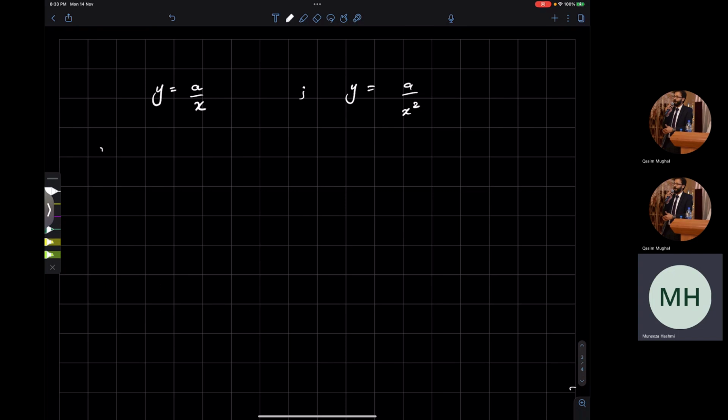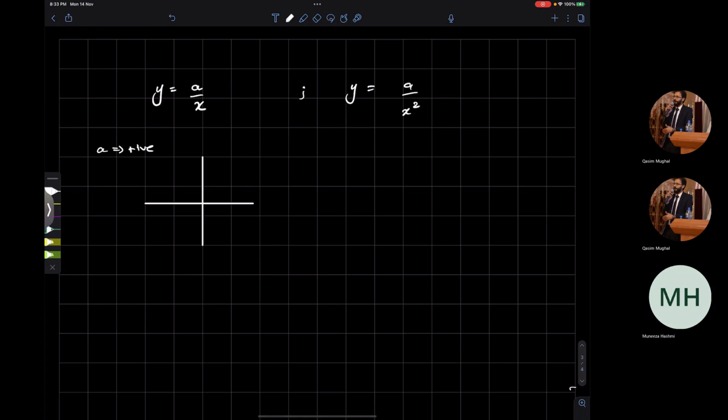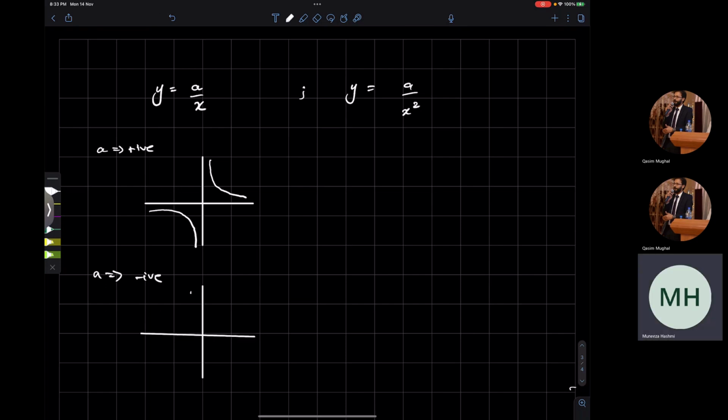If a is positive, then you're going to have crescents in the first quadrant and in the third quadrant. And if a is negative, then you're going to have crescents in the second quadrant and in the fourth quadrant.